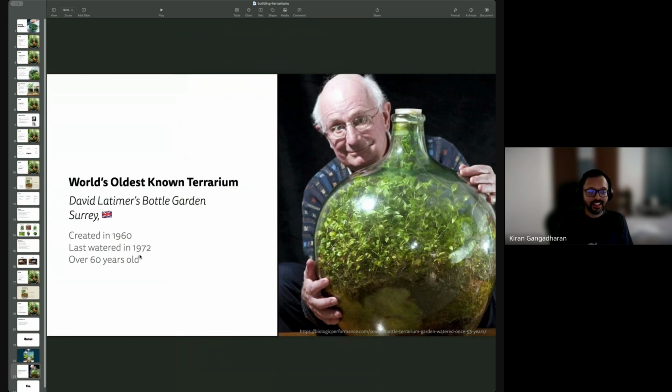But it was last watered in 1972 and it's still going. I think he's handed it over to, I don't remember, but it's like a museum piece, more than 60 years old.